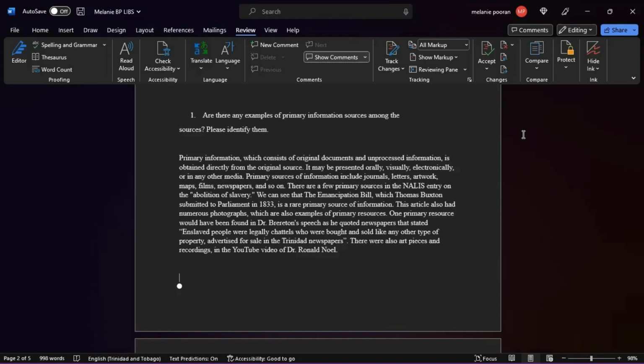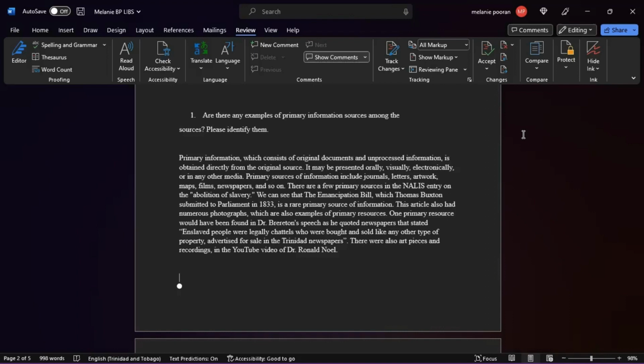There are a few primary sources in the Nallis entry on the abolition of slavery. We can see that the Emancipation Bill, which Thomas Buxton submitted in Parliament in 1833, is a rare primary source of information. This article also had numerous photos, which are also examples of primary resources.